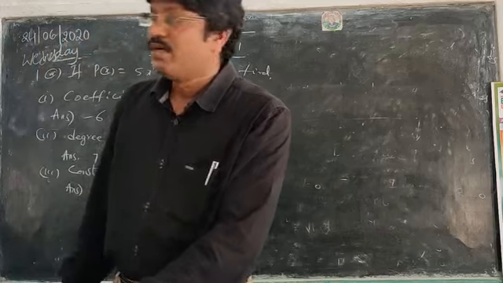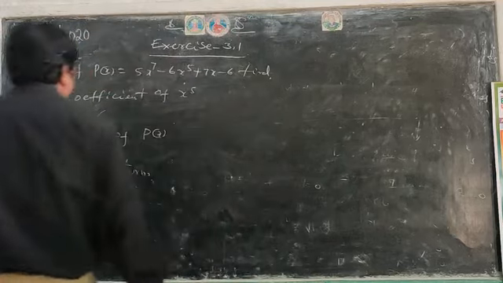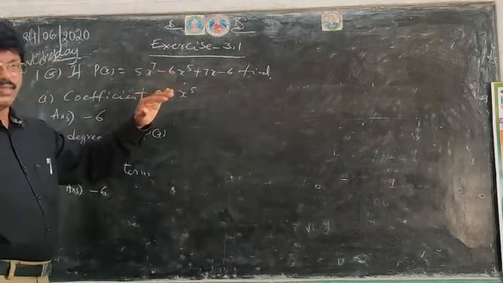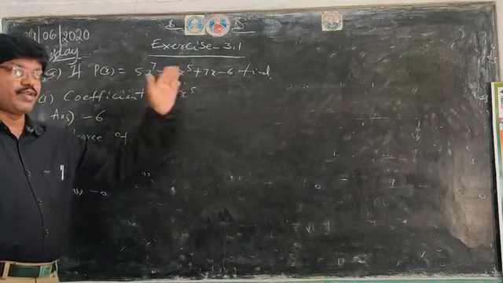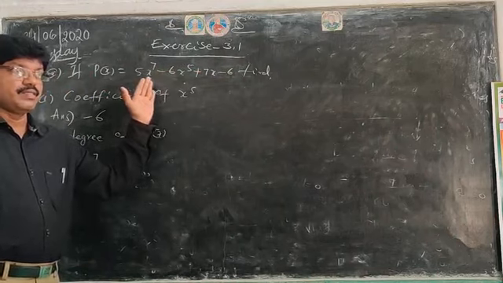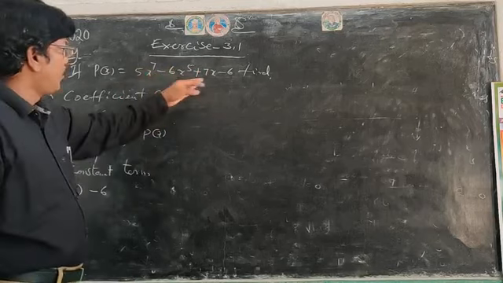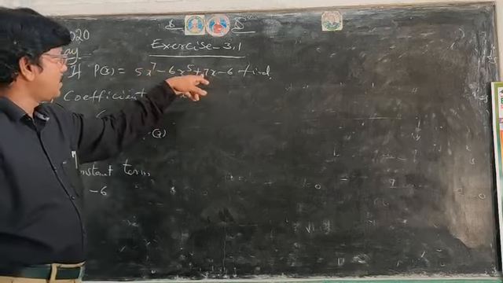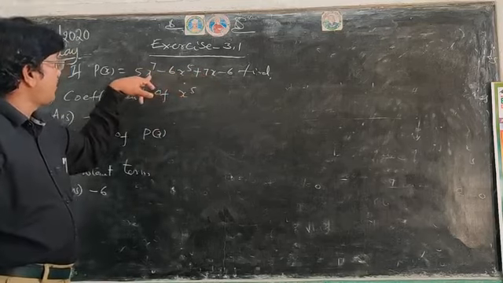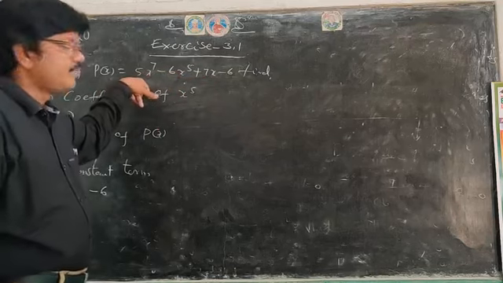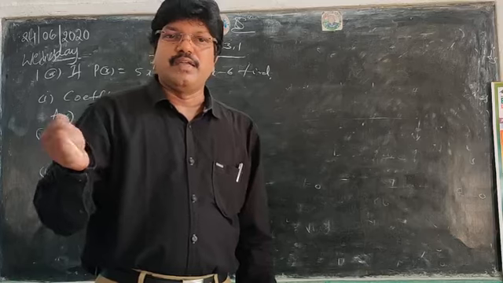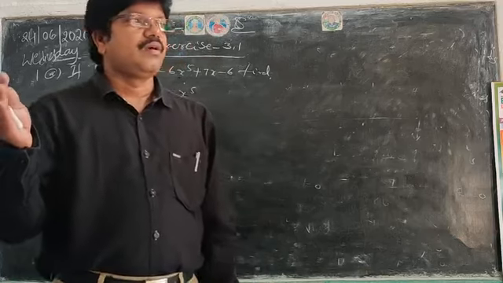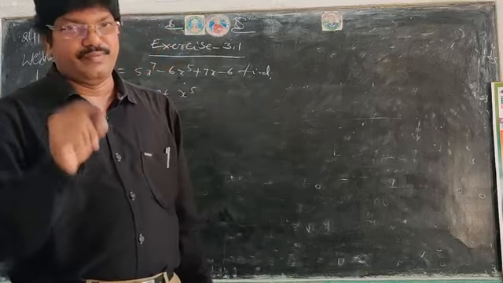Coefficient means the number before the x square. If anyone asks what is the coefficient of x, it is 5. If there is no number in front of x square or x, we say 1.